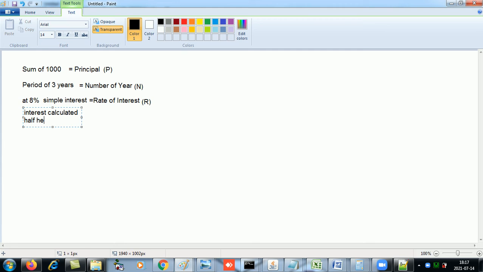Now what if they say half yearly? Now in half yearly you have to find how many half yearlies there are in a year. So that will be the value of Z, right? So over here when they say calculated half yearly, you got to ask yourself how many half yearly are there in a year. So the answer will be 2. That will be assigned to the variable Z. So Z is 2.